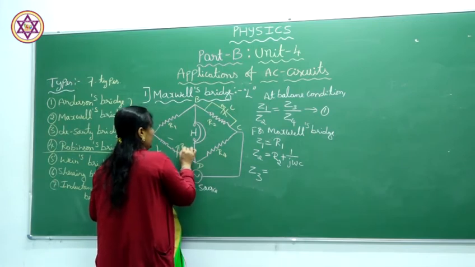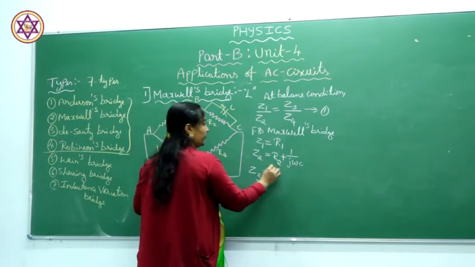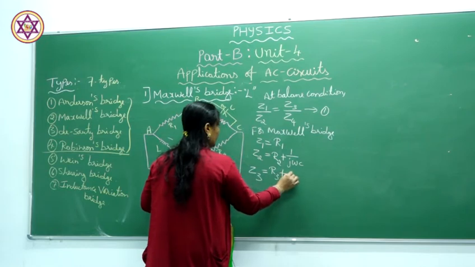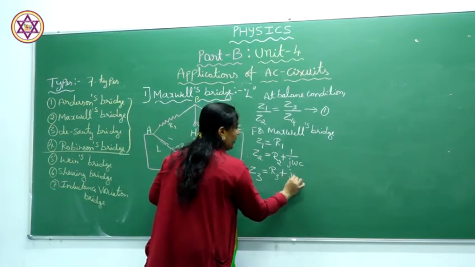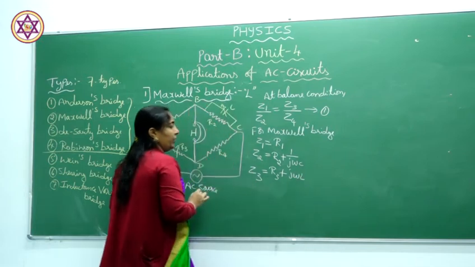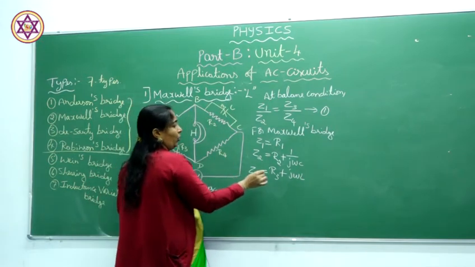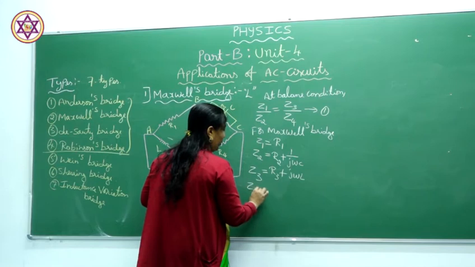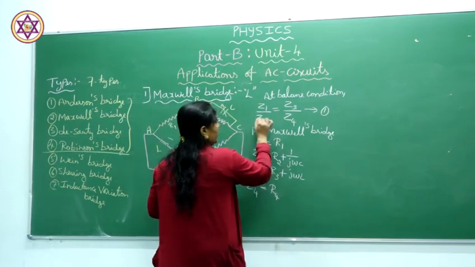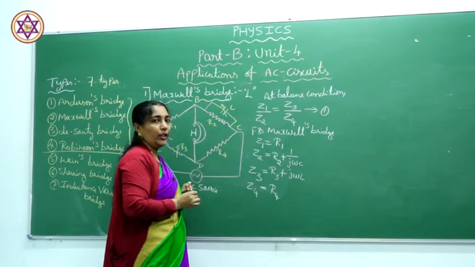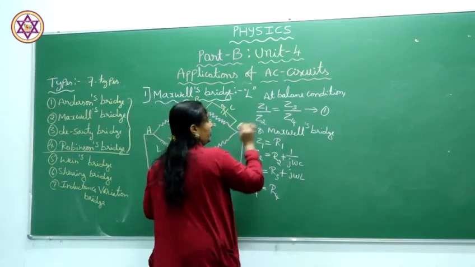Z3 is R3 plus the inductance, given by j omega L. What is Z4? Z4 is R4.